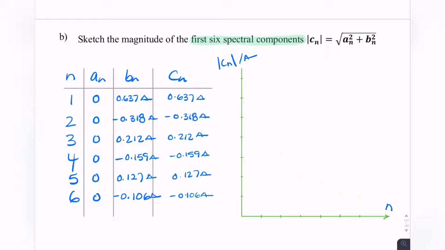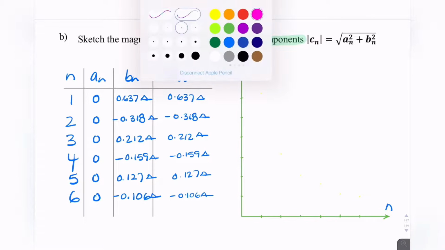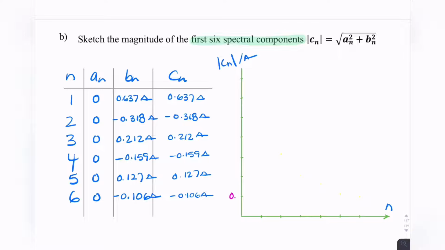So if I have a scale of 0, let me change the color. So if I have 0.1, 0.2, so the first one is 0.637, so that's right there.